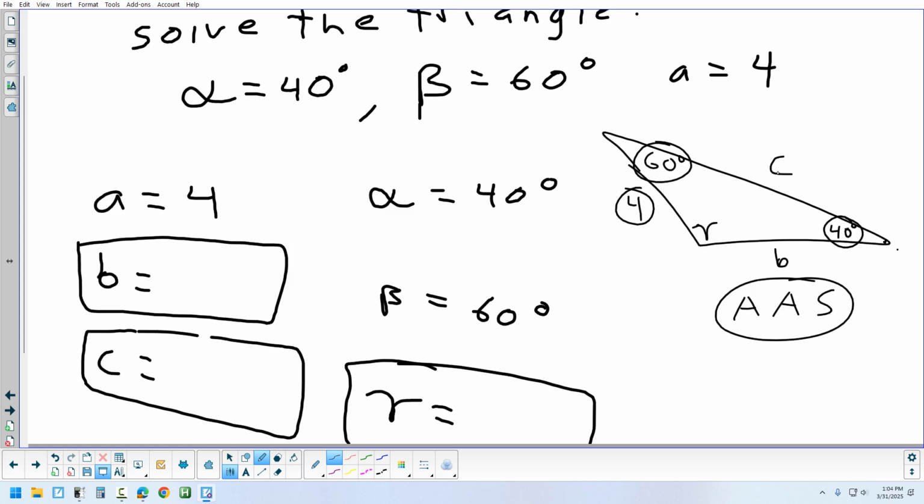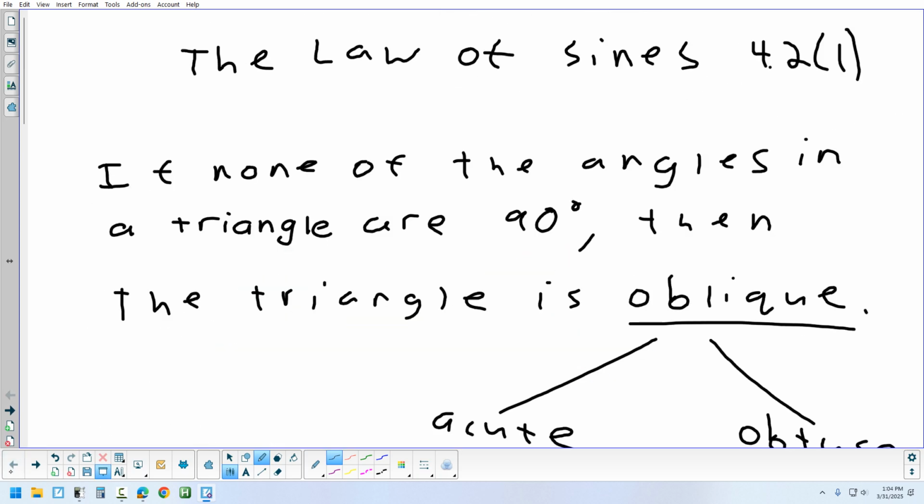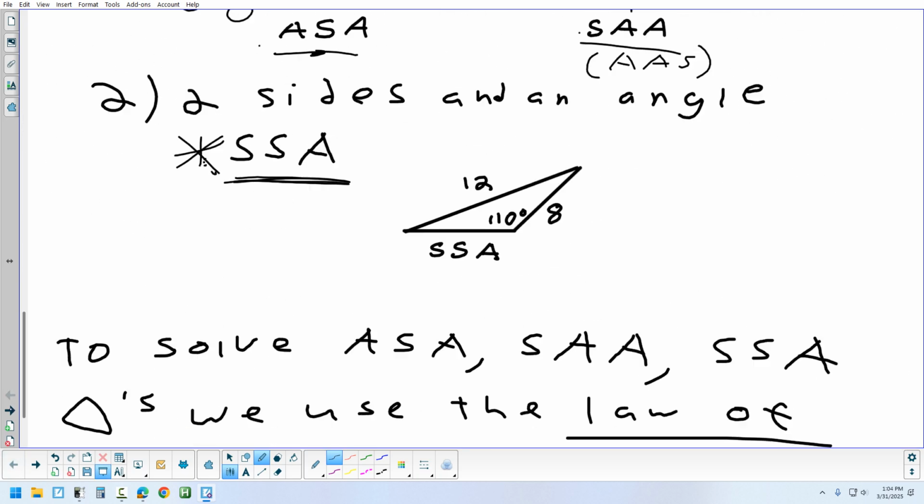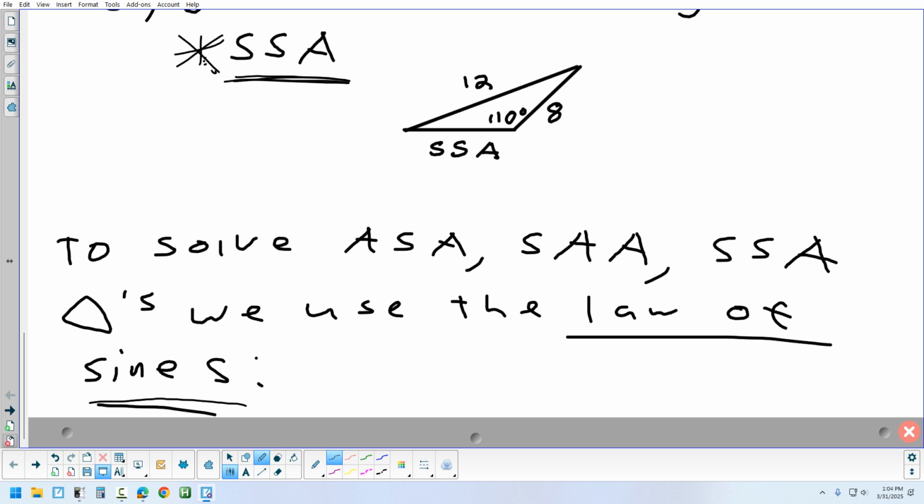That's the one that connects them. 4 is not between the 2 angles, so it's on the outside of them. If you wrote side, angle, angle here, that's okay too. You can write it either way. But the point is, it's angle, angle, side. If you go back in your notes, angle, angle, side is one of the 3 types where you use law of sines. So let's do that.